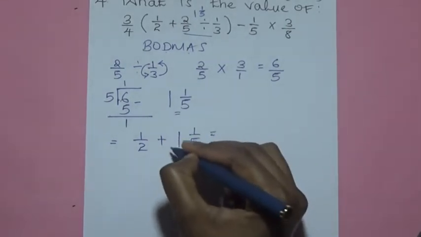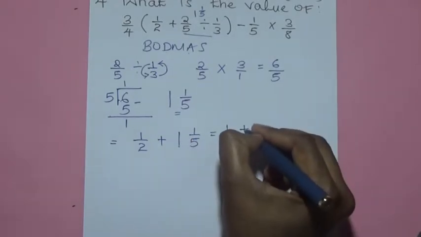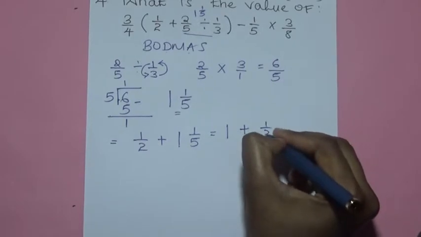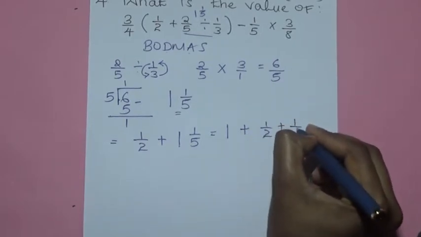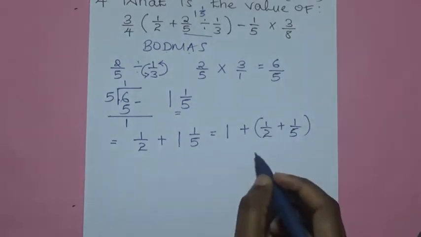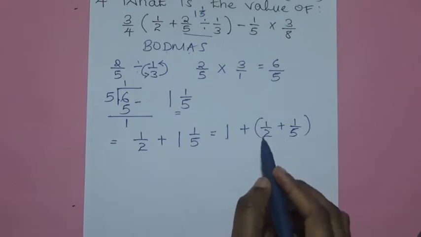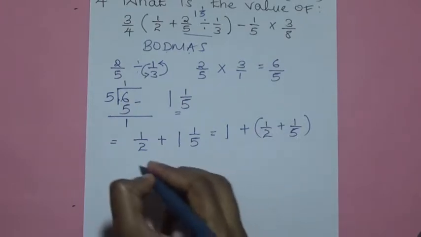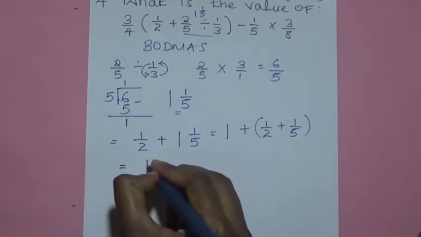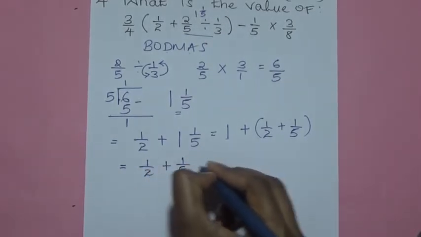This can be written as 1, which is a whole number, plus a half plus 1 over 5. We have separated the whole number and the fractions. So we add a half plus 1 over 5.